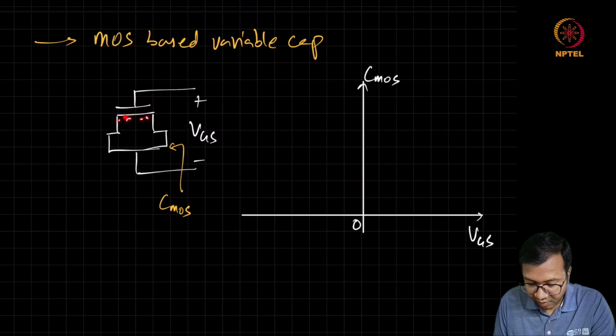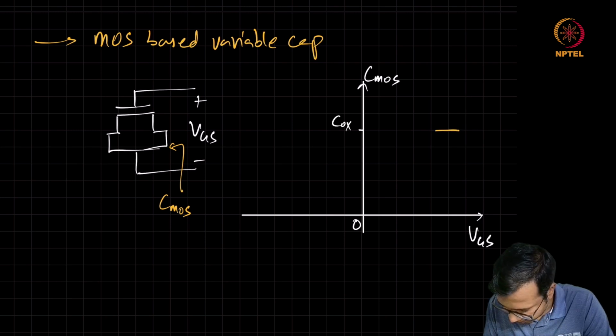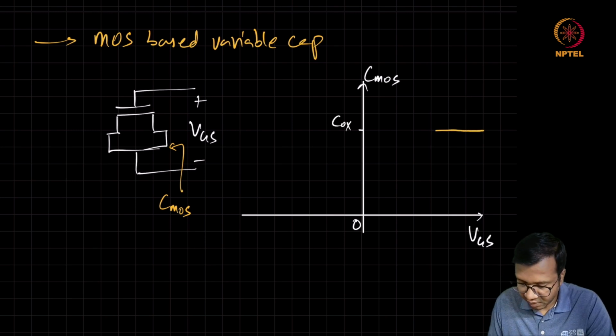So this channel will make sure the looking-in capacitance is close to the oxide capacitance. So this capacitance of this MOSFET will be close to the oxide capacitance.